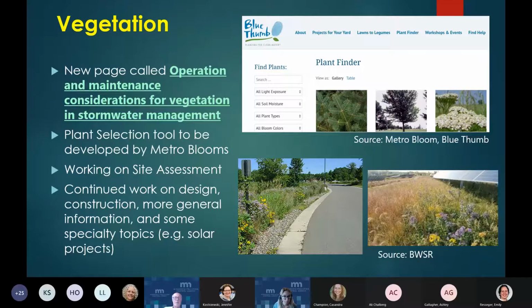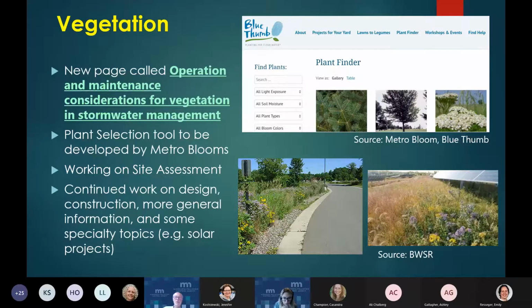Plant selection tool: Blue Thumb currently has a plant finder. It's primarily for homeowners. It's going to be extended to have a lot of stormwater search capability. So what best management practice, for example, should I put in? If I have this kind of best management practice, what vegetation should I select? If I'm in an area where there's a lot of road salt being applied, what vegetation should I consider?